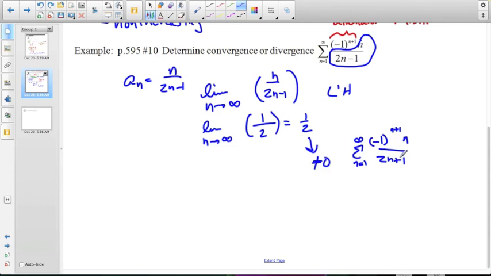I'll talk about reaching the sum in a second, but basically we performed the nth term test. So this diverges by the nth term test.